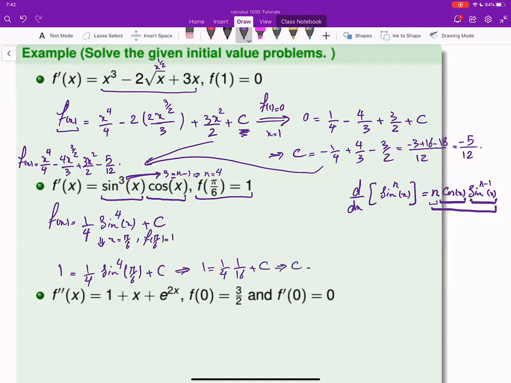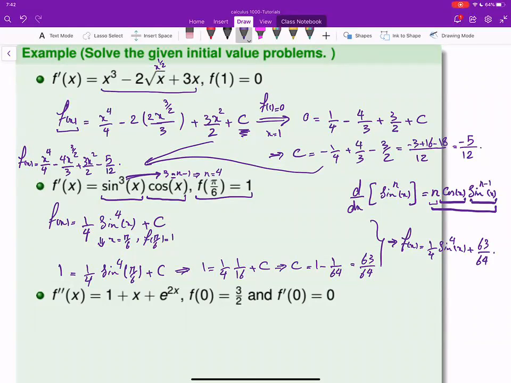So from there you get c is 1 minus 1 over 4 times 1 over 16, which is 1 over 64, which will give me 63 over 64. And from this, we know that the function is 1 over 4 sine to the power 4 of x plus 63 over 64.